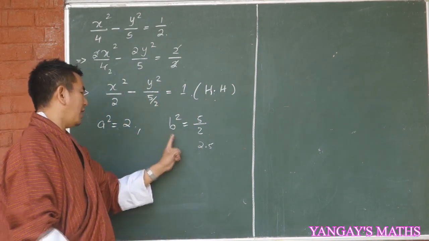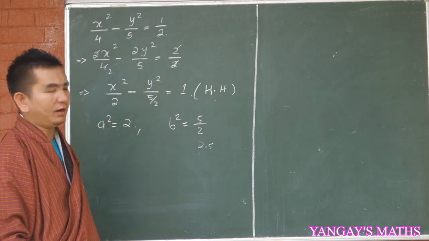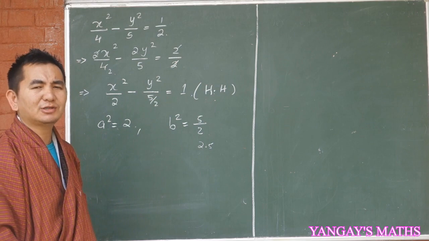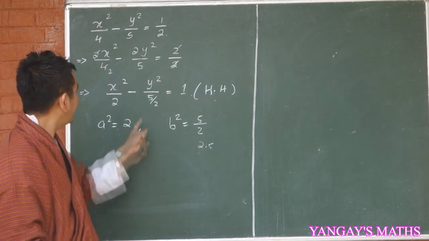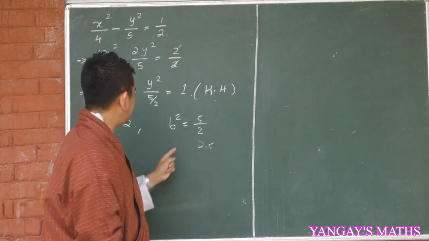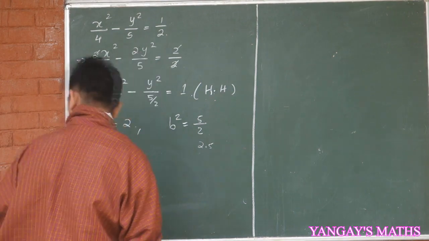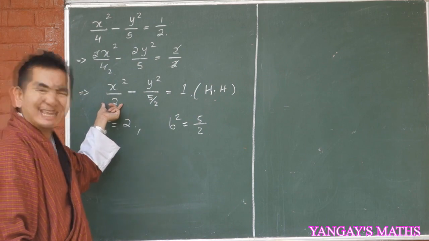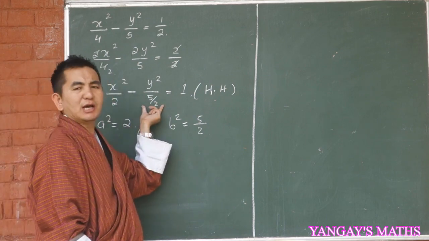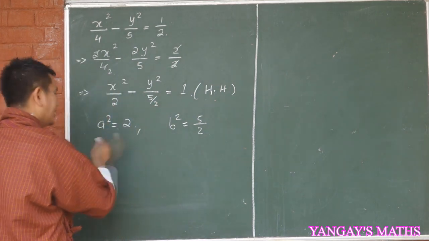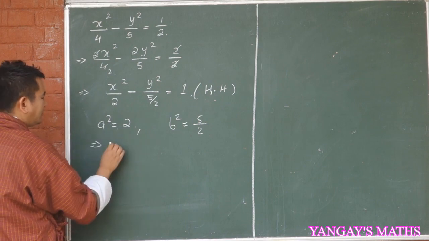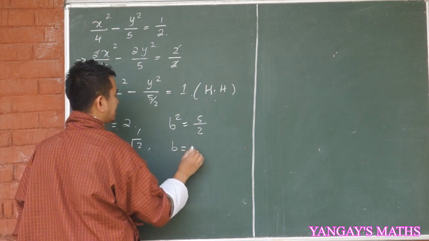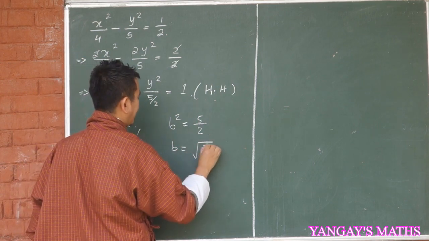Oh, how come this b square is greater than this a square? No, you need to take this negative also into consideration. Don't forget this negative. This is actually negative 2.5. So now here, no need to take it this way. Always take the front value as a square and take this one as b square. Simple as that. Take the square root on that side, a is equal to root 2. Then b is equal to root 5 by 2, root 5 divided by 2.